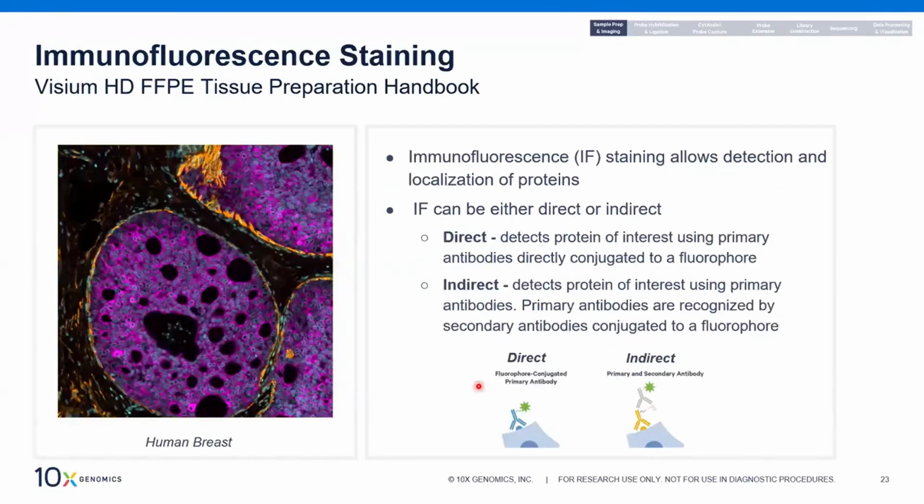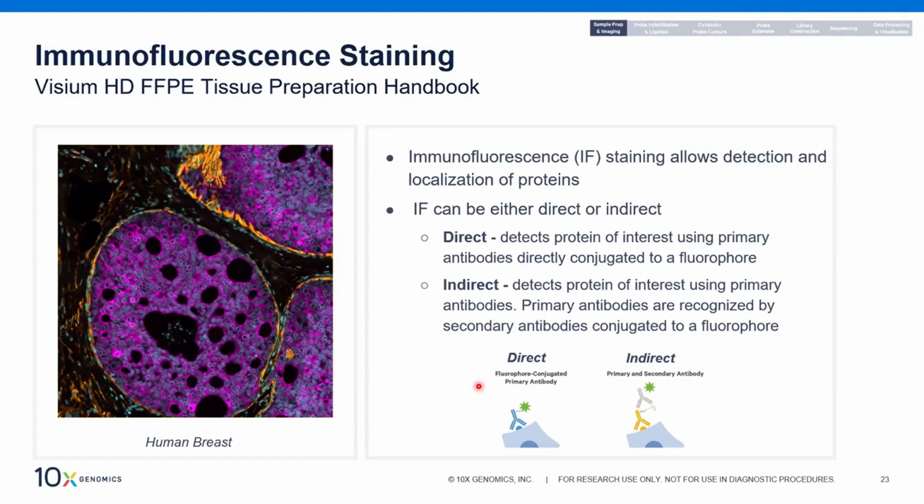Of course, what you can also do is do immunofluorescence staining if H&E staining is not suitable to your experimental needs. So then you can detect the localization of certain proteins you are interested in. This immunofluorescence staining can be either direct.